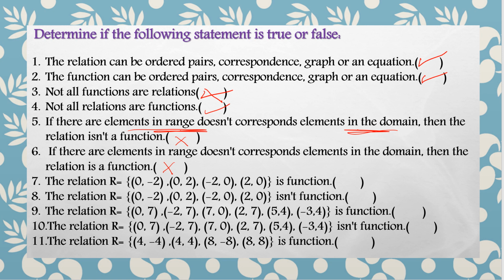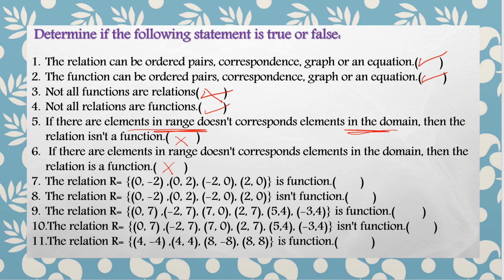If you have some elements in domain that don't correspond to elements in the range, then this is not a relation, and as a result this is not a function. But if you have elements in the range that don't correspond to any elements in the domain, this doesn't mean it's not a relation or it's not a function.